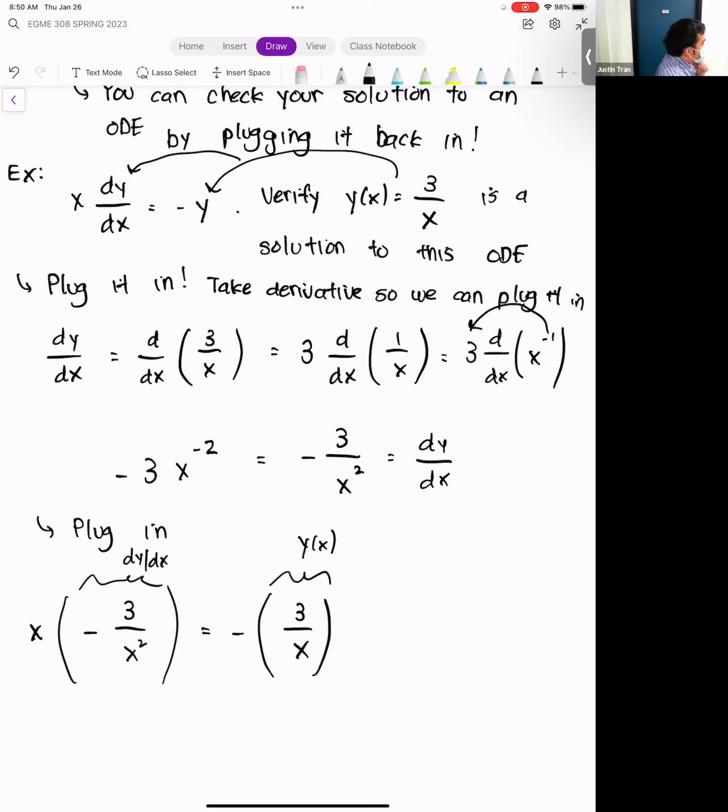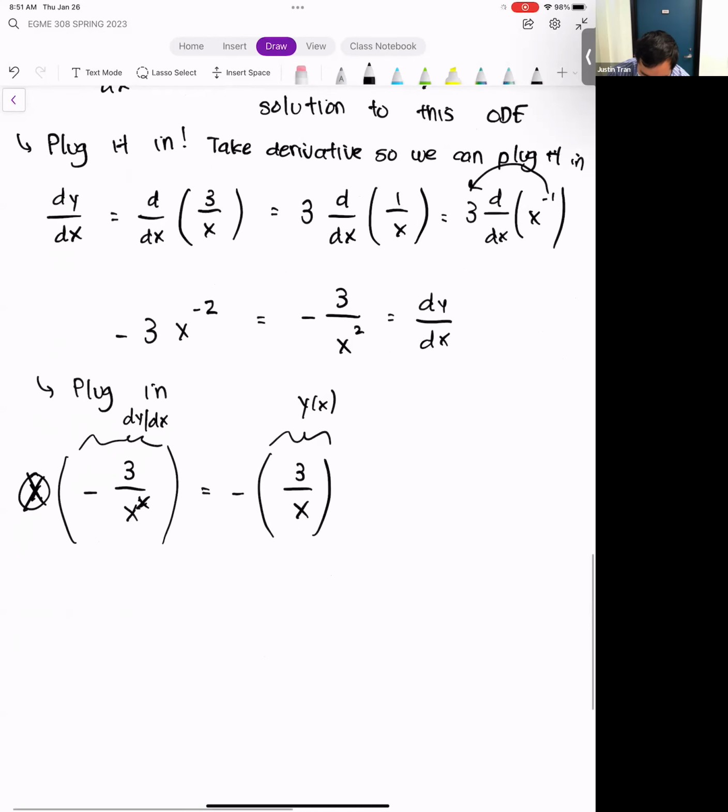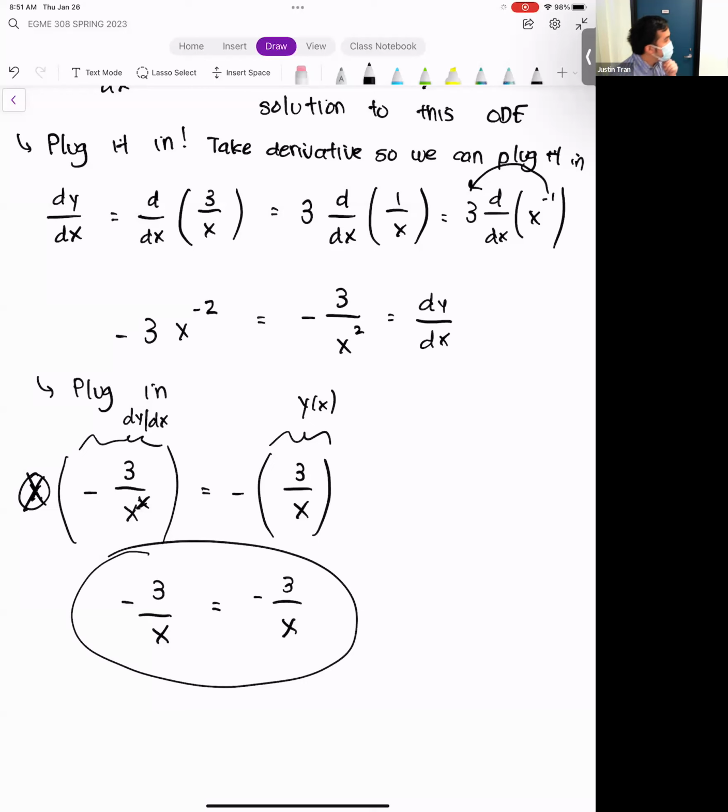Let's work through the algebra here. On the left-hand side, we are going to cancel out an x. We have an x up top and an x squared on the bottom, so the x up top cancels with one from the exponent. On the left-hand side, we have minus 3 over x, and on the right-hand side, we have minus 3 over x.